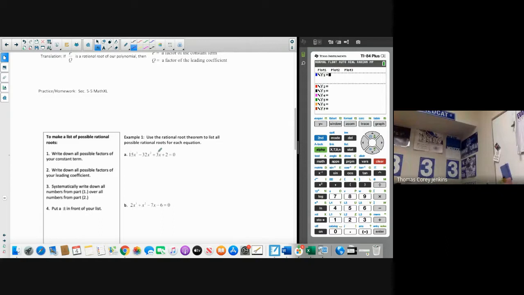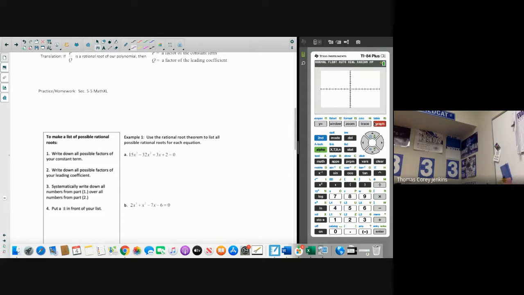Looking at A, we have this equation: 15x^3 - 32x^2 + 3x + 2.